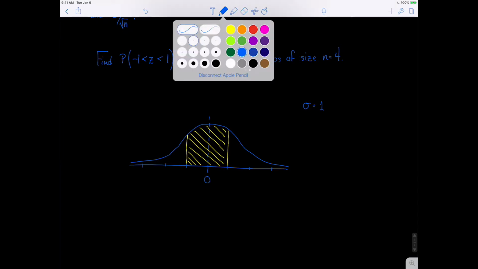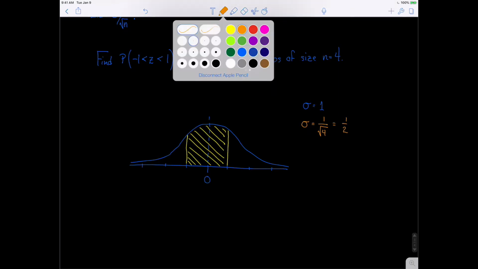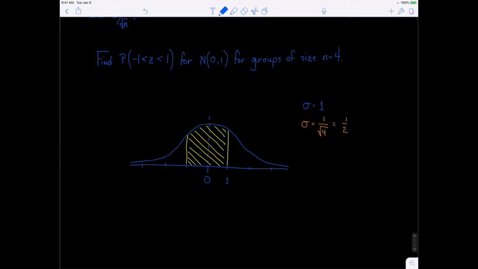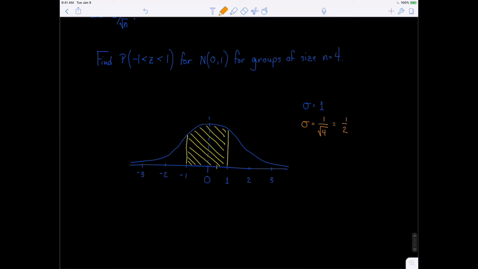But what we're going to do is create an orange picture, and this one has a standard deviation equal to 1 divided by the square root of 4, the sample size. Well, that's 1/2. So here were our 1, 2, and 3, and -1, -2, and -3. Notice 1/2 would be right there.